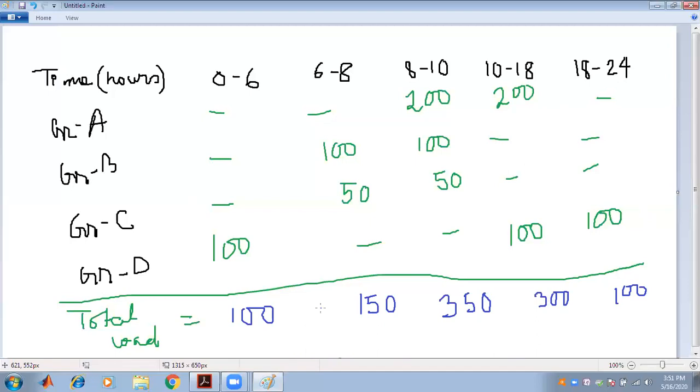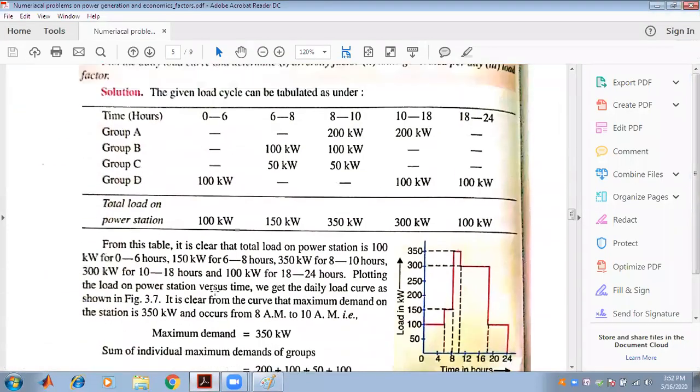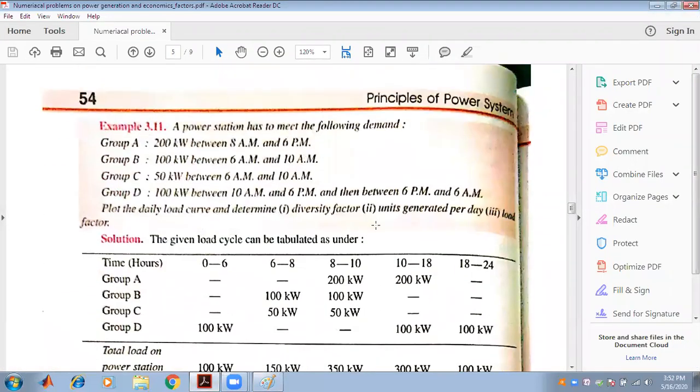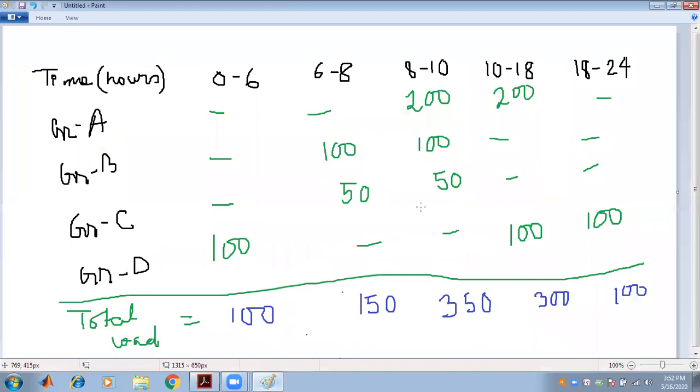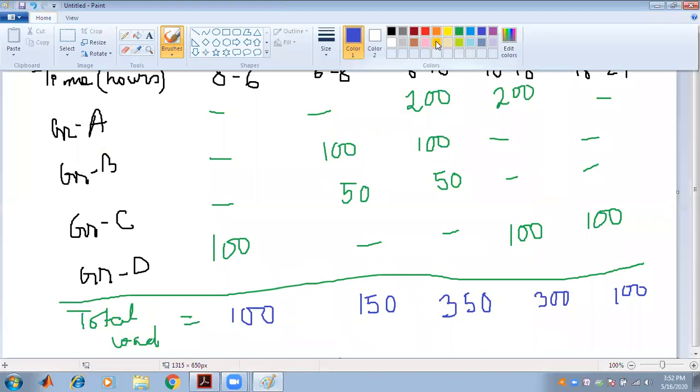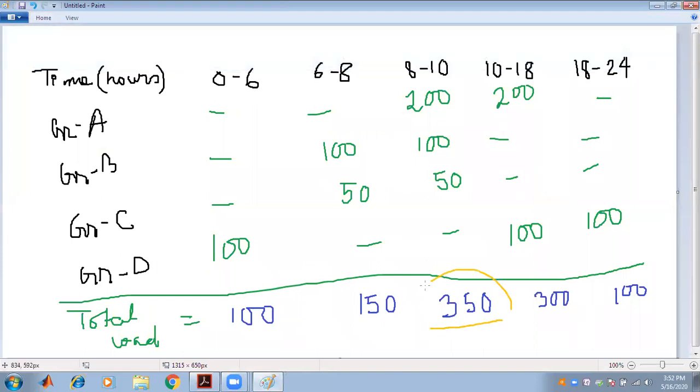So what is our first problem? So that you can easily find which one is our maximum demand from those demands. So it is clear that our maximum demand is this one, 350 kilowatt.